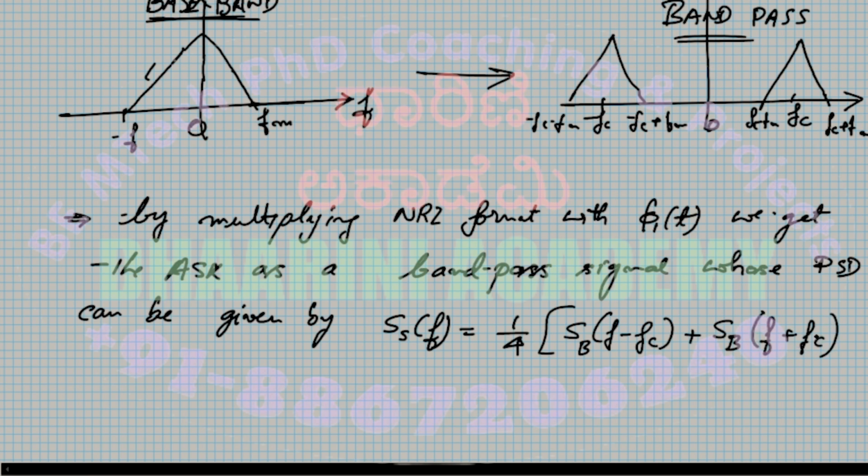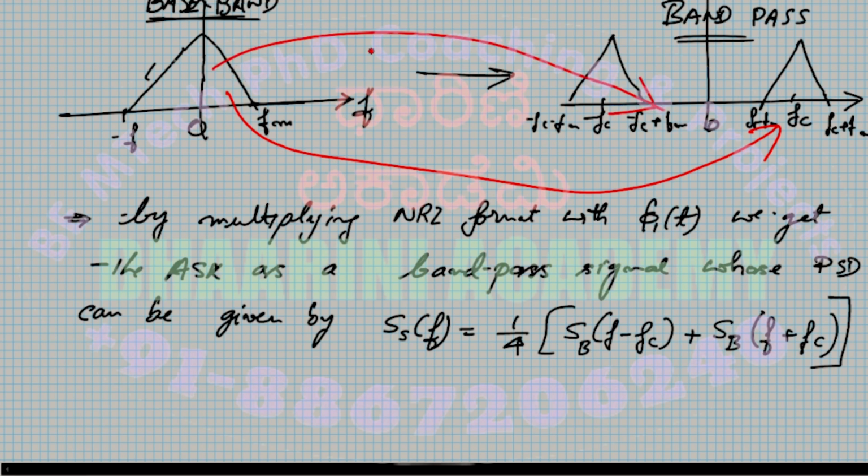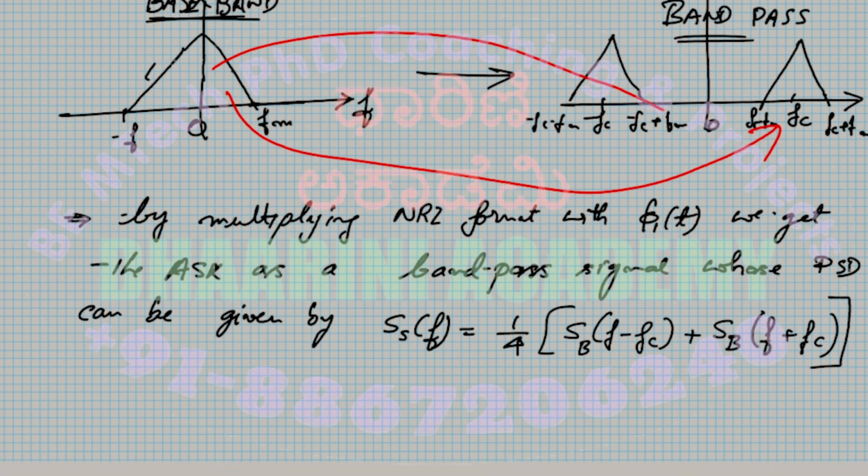So F minus FC is the right shift, the one which moved to the right side. Similarly, this moved to the left, so that is F plus FC. There is a left shift of this signal, and there is another copy of the same thing shifted to the right.